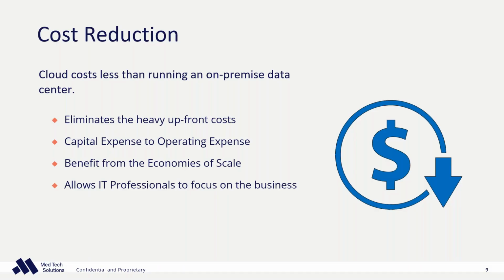So first, let's go over the cost reduction. The cloud costs less than running on-prem. It basically eliminates all your heavy upfront costs. When you're running on-premise infrastructure, you have to procure the hardware, purchase it against a capital budget, and implement it. And every 3 to 5, 6 years, you're going to have to replace that hardware again.